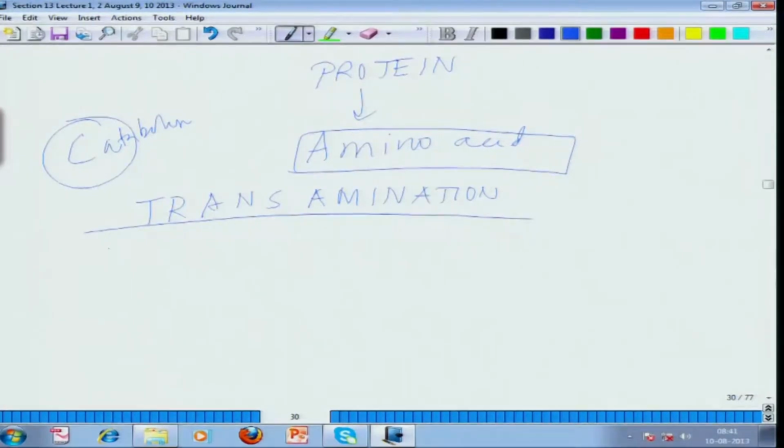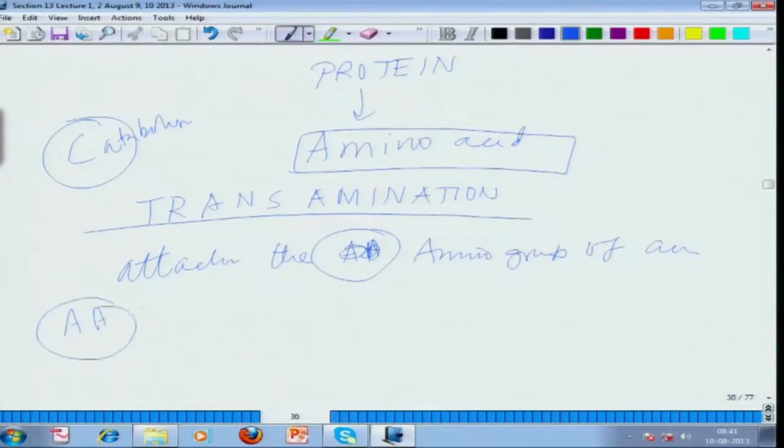Transamination is basically attachment of the amino group of an amino acid to a keto acid. That is called transamination.